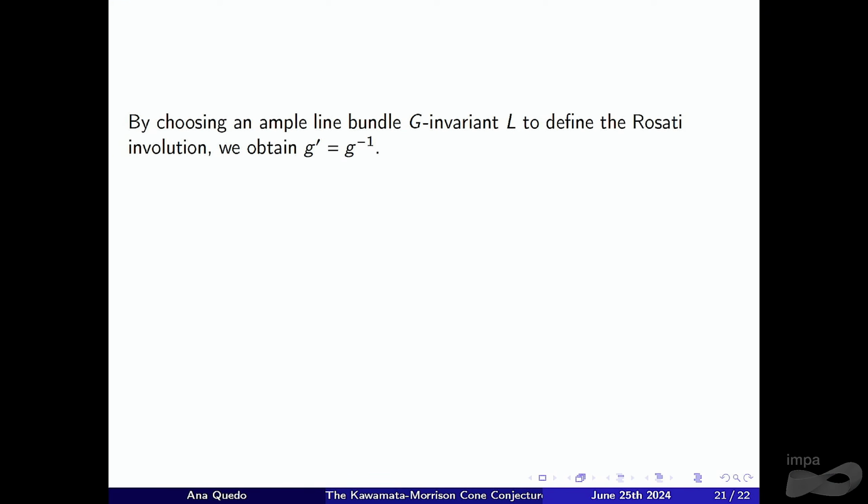And so, how does it connect with the centralizer? We can choose an ample line bundle that is G invariant to define our Rosati involution, and then we obtain that taking the Rosati involution is the same as taking the inverse element.